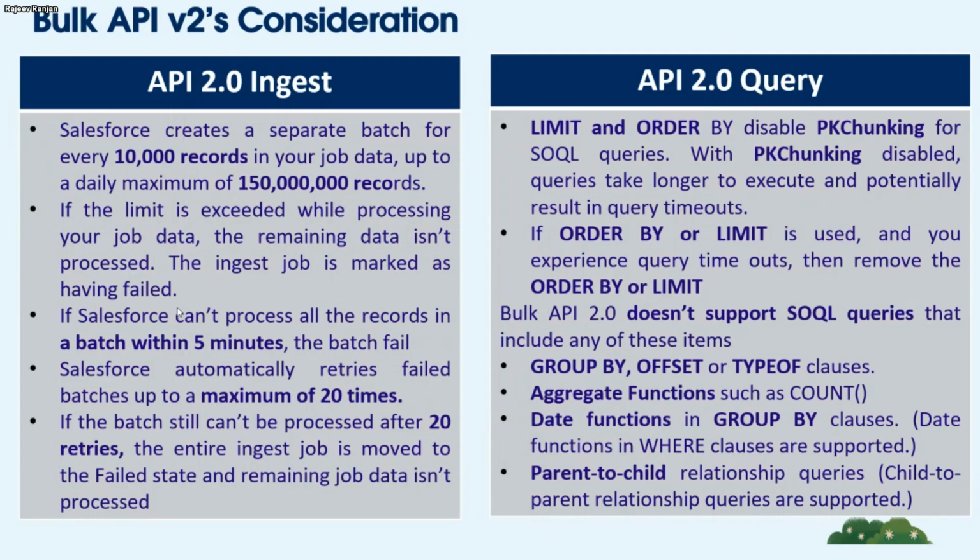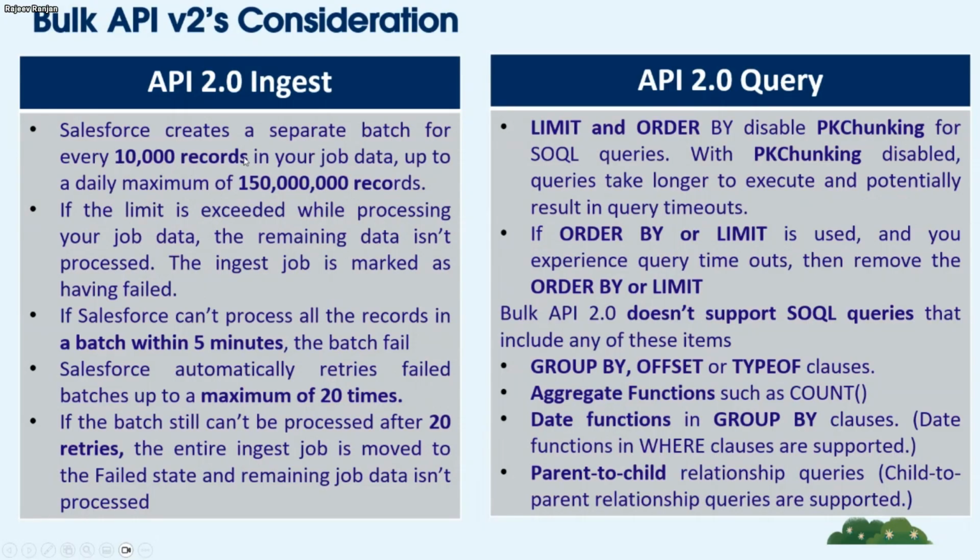Salesforce creates a separate batch for every 10,000 records in your job data, up to a daily maximum of 150 million records. So these are the limitations. Although behind the scenes it works, we should think that our daily job records should not exceed this.